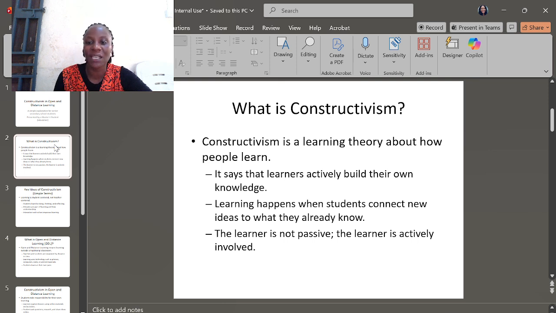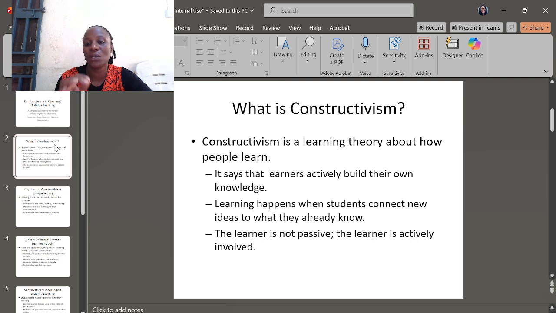So constructivism is a learning theory about how people learn. We know that people learn differently. Constructivism says that learners actively build their own knowledge and not depending on the knowledge or learning of other people. Learning happens when students connect new ideas to what they already know.